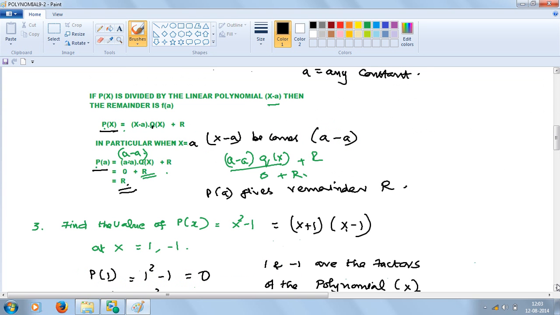So we have seen the proof of the remainder theorem also. Any polynomial we can represent it as, when you divide by x minus a, multiplied by some quotient plus remainder. In particular, when x is equal to a, the quotient will become 0. So the remainder p of a is equal to remainder r.